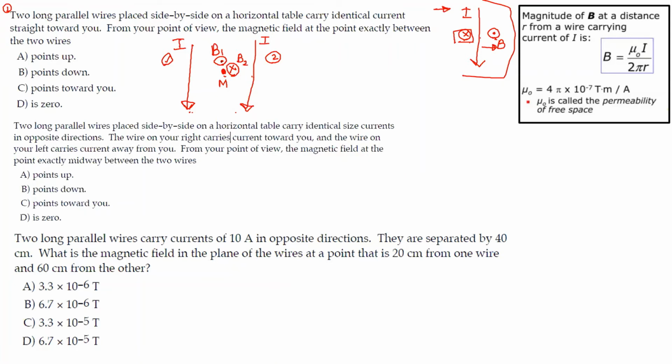So from the first wire, the B field is coming out of the plane, and from the second wire into the plane, and they are exactly equal. Why are they exactly equal? Same distance, it's the midpoint. And what else? They have the same current. So they cancel off, right?